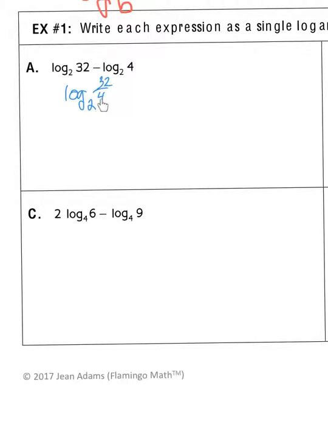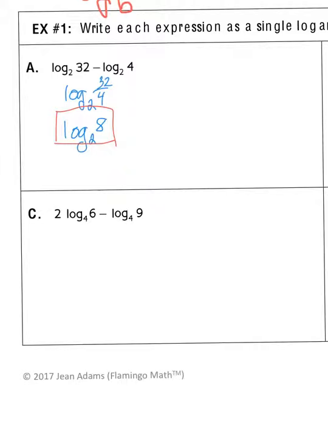So I can actually divide 32 by 4, so I'm going to go further and write it as log base 2 of 8. Now, here's where I would like to go further. Technically, you've written it as a single log, and I'll accept that as an answer. But I can actually write 8 as 2 to the third power.